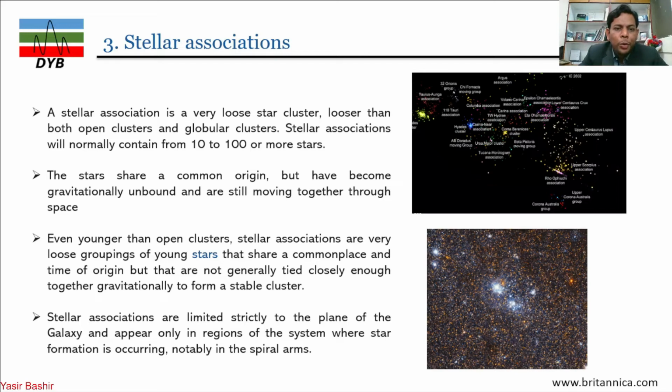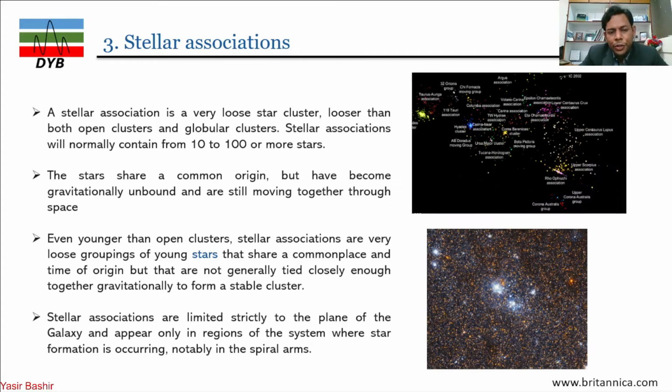They are even younger than open clusters, and stellar associations are very loose groupings of young stars that share a common place and time of origin, but they are not generally tied closely enough together gravitationally to form a stable cluster. So it means the gravitational power inside an open cluster or stellar association is much less than in a globular cluster.